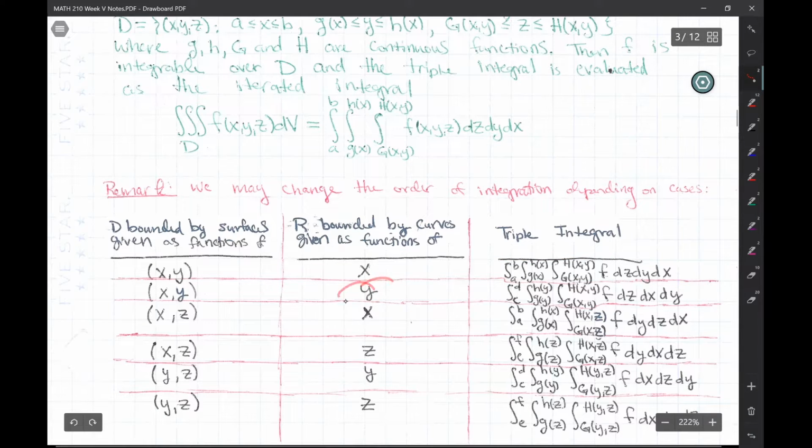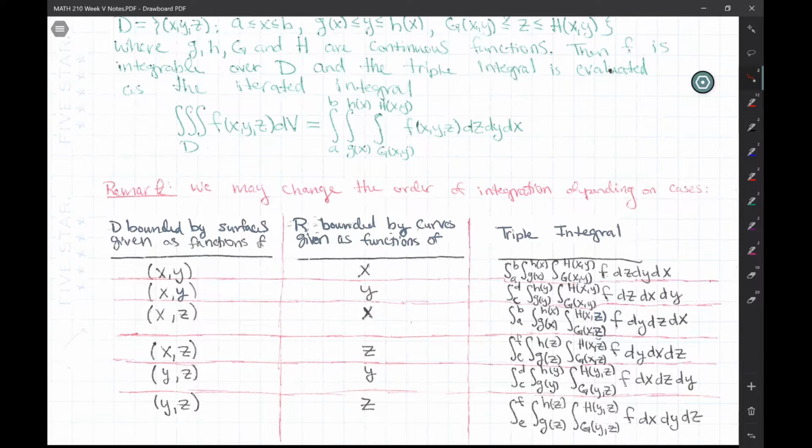But if instead we would have to bound the double integral region of integration with curves that are functions of y, then we would integrate over x first and then dy. What if we can't bound our surface by functions of x, y?